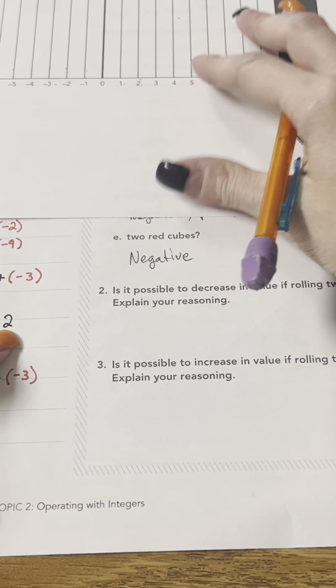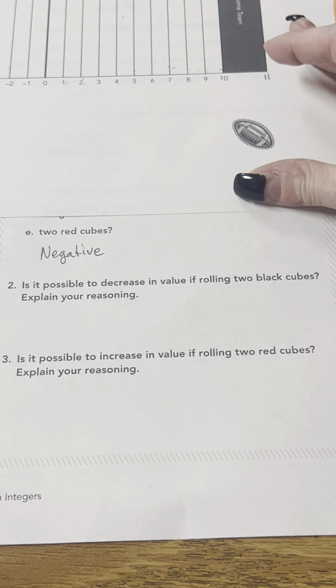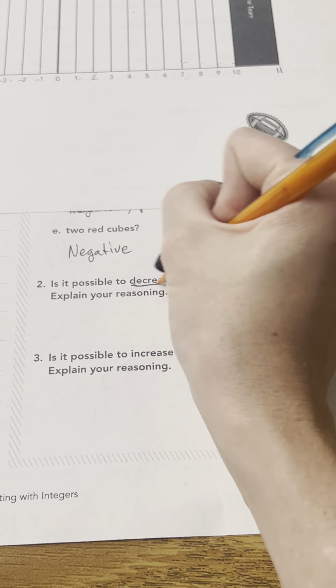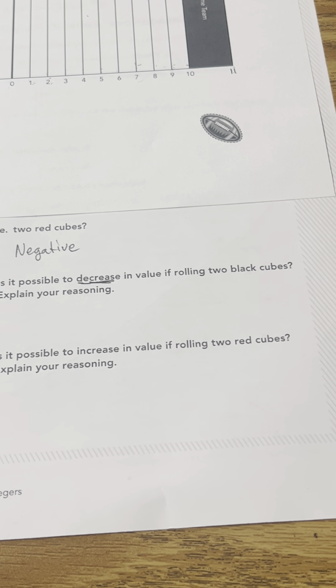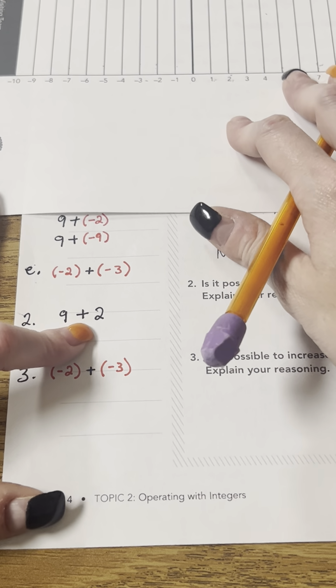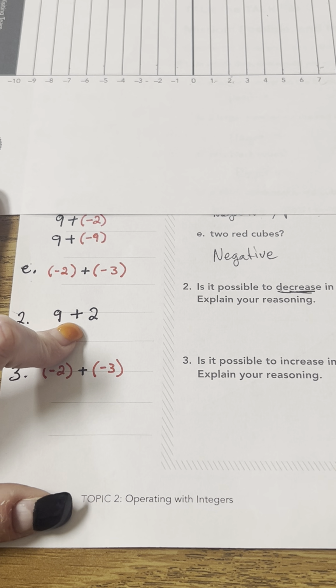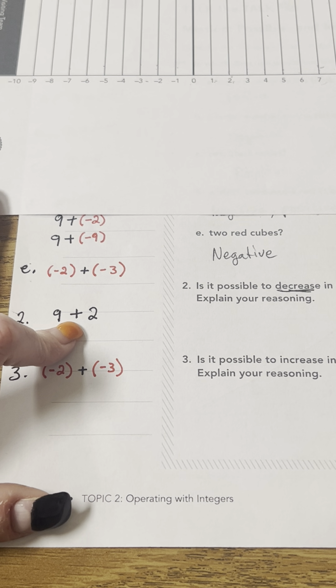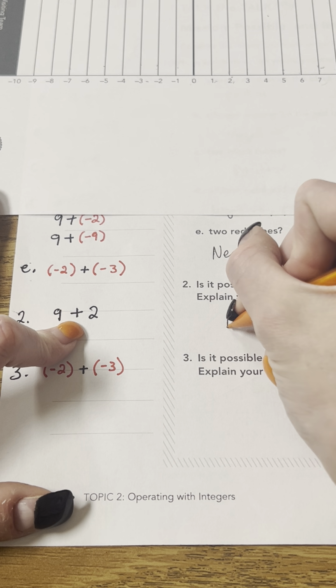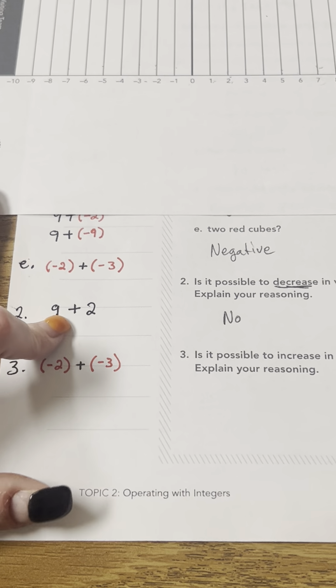Okay, is it possible to decrease in value if rolling 2 black cubes? Well, think about it. If I had 9 plus 2, that's 2 black cubes. Would I decrease? No, I would always go positive in that case. So this would be no. Okay.